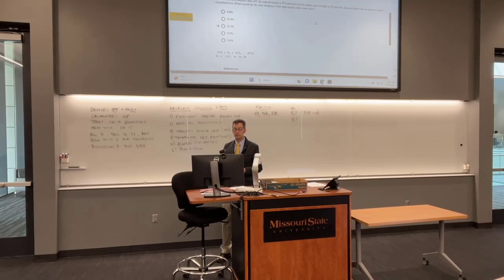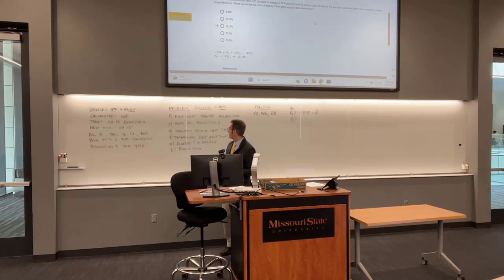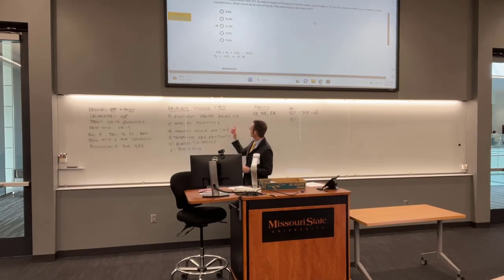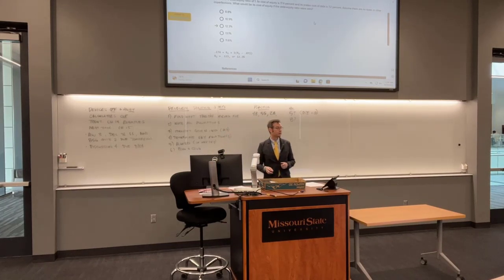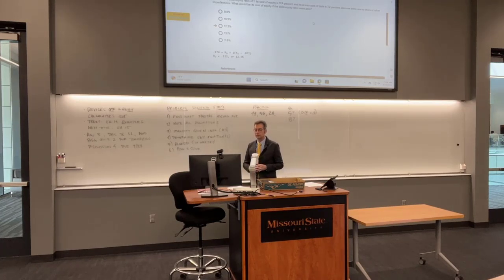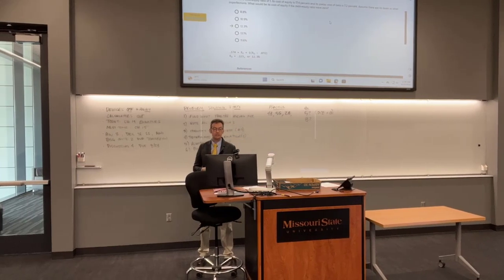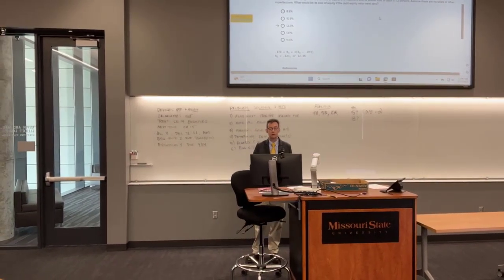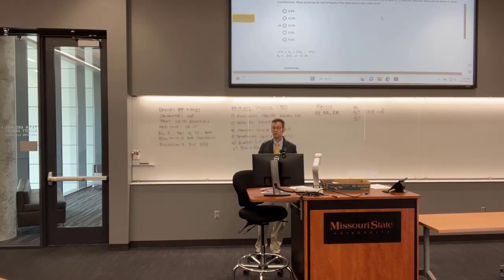Okay, well, it looks like we've got some stuff that we need to think through here. First of all, step number 1. This is my problem-solving thing, right? We find out what they're asking for. They're asking for the cost of equity if the debt to equity ratio were 0.